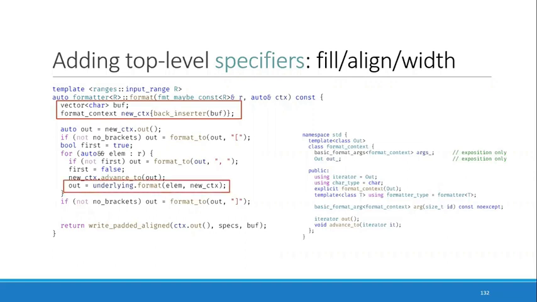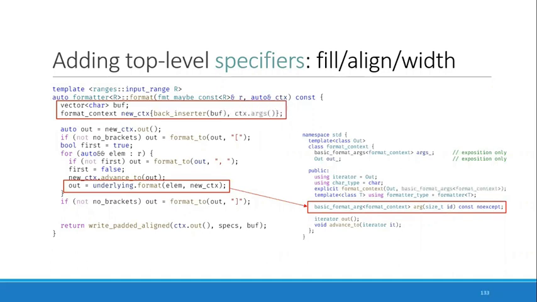But now we have this other problem. underlying.format can do lots of different things. In particular, it can use this arg API to get access to the other format arguments in case it needs them to determine things like dynamic width or dynamic precision type or whatever. So the arguments had better be there for the user to access. Otherwise, we're pretending that it works and then suddenly it doesn't. Okay, so I need to pass the arguments into this context that I'm constructing.